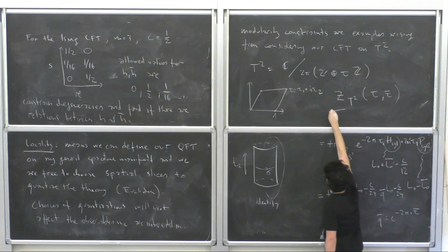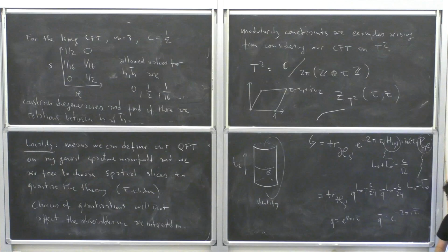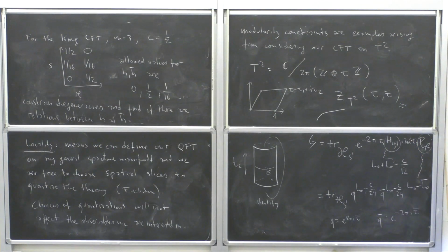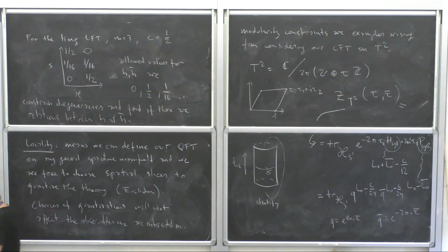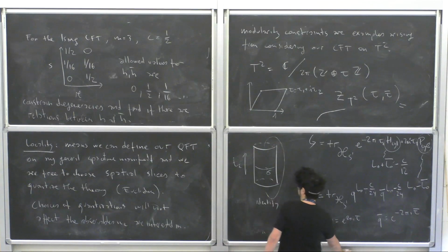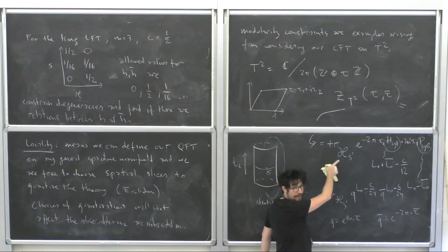So we can relate the two pictures, and we can exploit it to constrain further the spectrum of the theory on S1, which is what we are after.